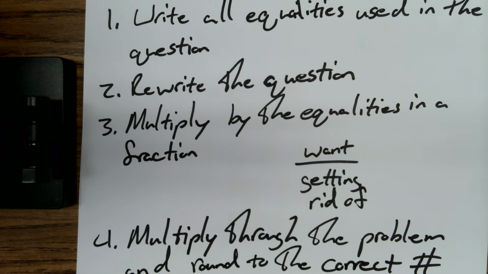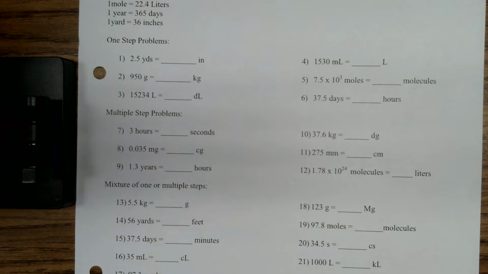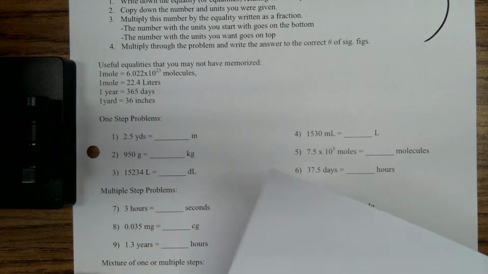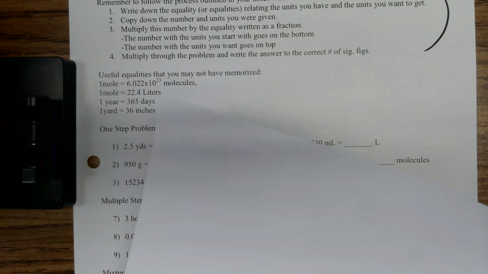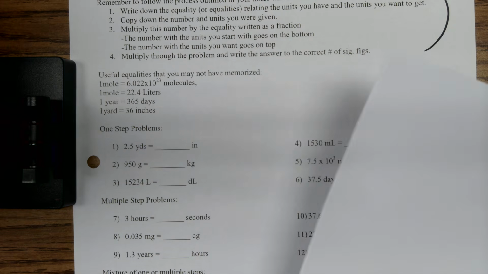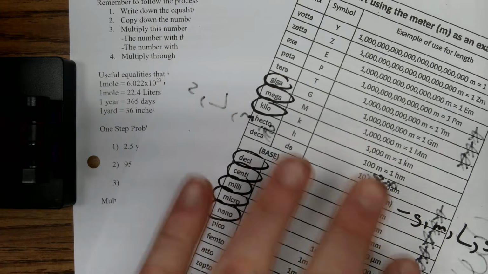So I'm going to put this off to the side, and we'll use this to answer questions 1 and 2, which we did in class together. Excuse me. There we go. Now I'm going to keep these steps beside me, so that I could see these things pretty easy. Now, the only equalities that I want you to memorize at this point are your scientific equalities here.